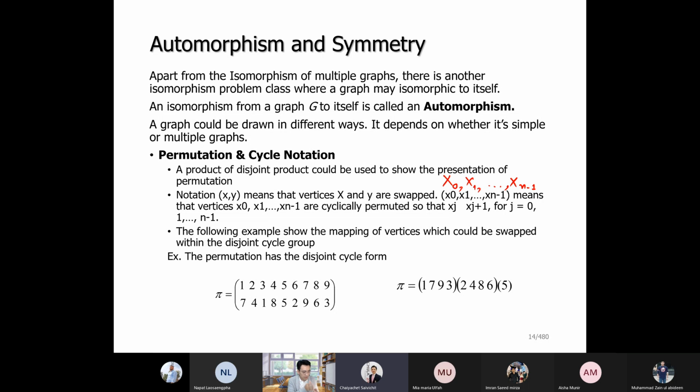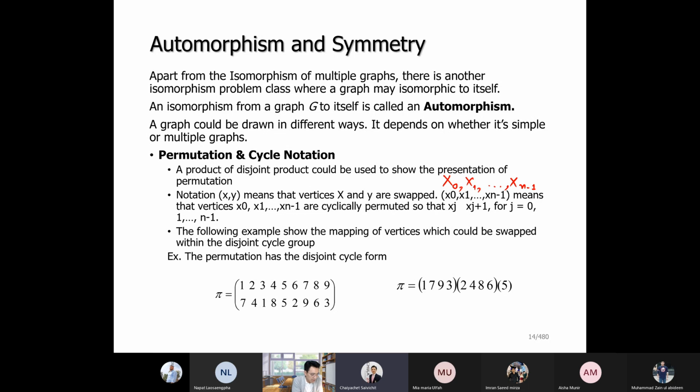In this one we just want to swap around. For example, if you have 1 2 3 4 5 6 7 8 9 in the original graph, you want to rearrange the labels into different values. In this case, you can see that the permutation has disjoint cycle form. Earlier, if you have a graph with 9 nodes, you give labels 1 to 9, and you can rearrange those labels into a new one.